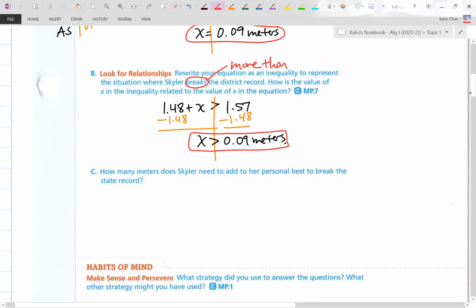How many meters does Skylar need to add to her personal best to break the state record? Well, instead of 1.48, it's now going to be added to an unknown amount, we're going to change out 1.57 with 1.75. That is the difference. Solve that one.